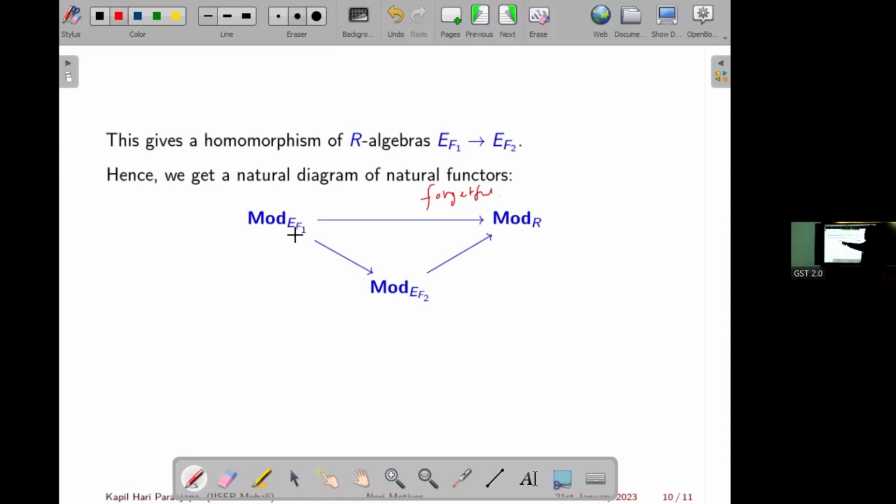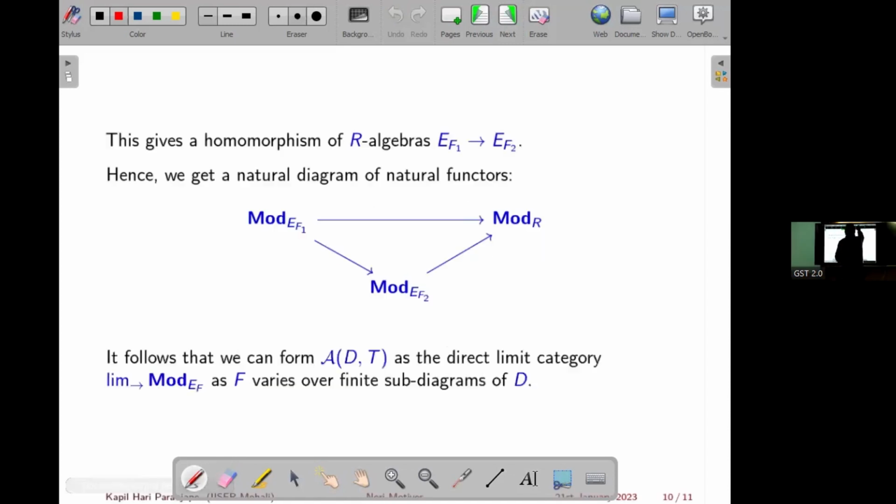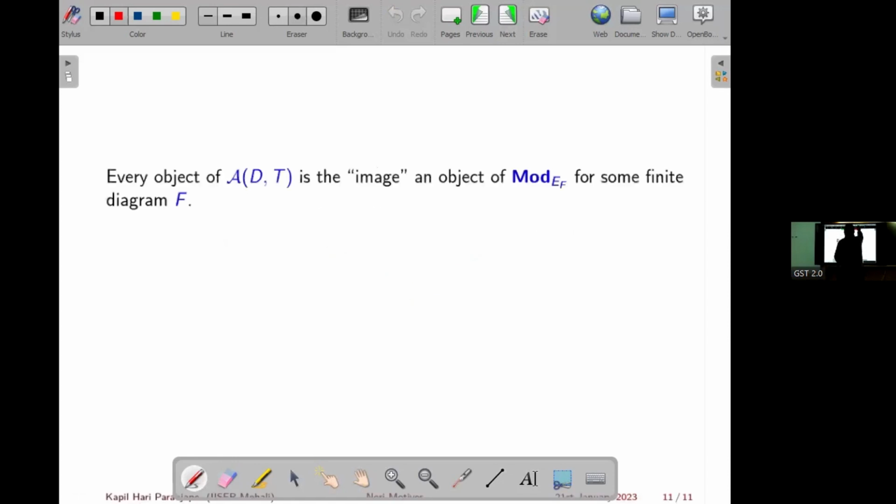Take a module over this, and you consider it as a module over this. So you will get a diagram, and then you can take the direct limit construction, and you will get the category as the direct limit.